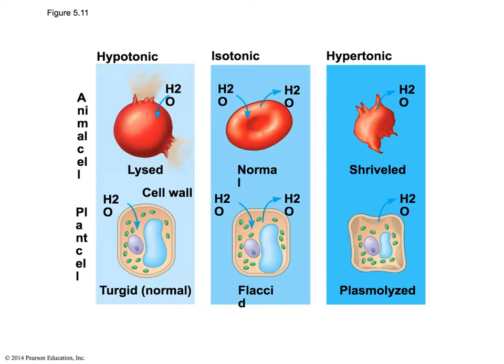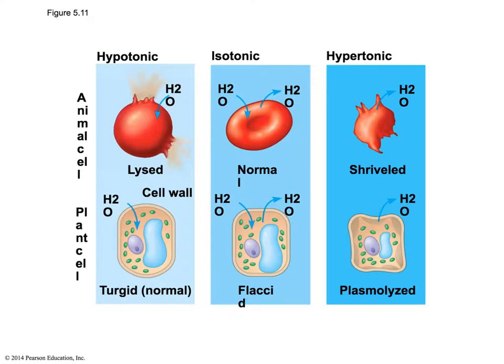If they're isotonic or even hypertonic, they lose water and they lose their, I don't know what the best word is to describe it, their turgidity, I guess, right? They lose their stiffness, okay?